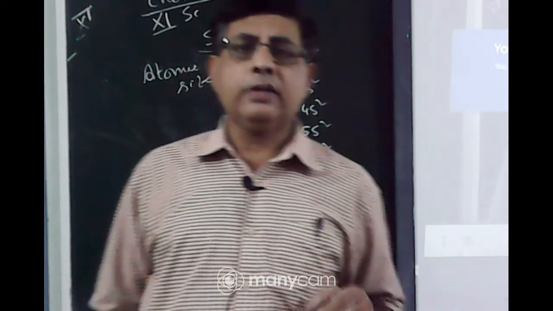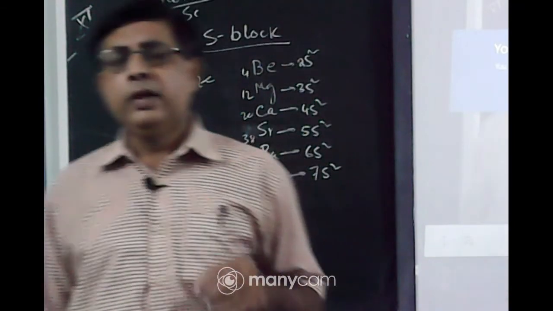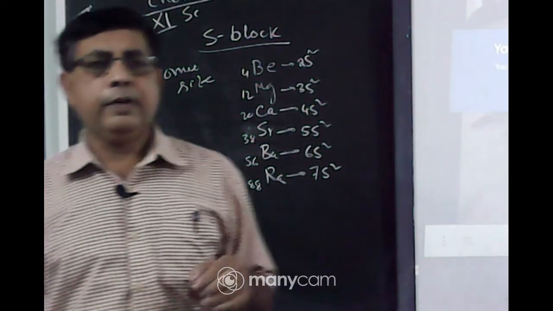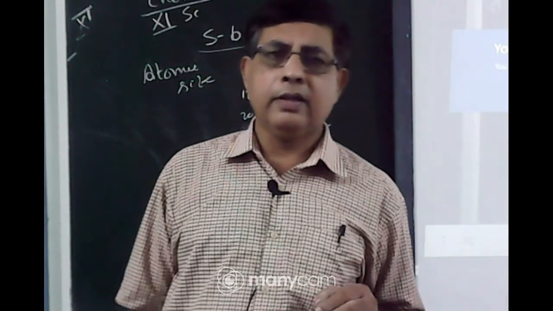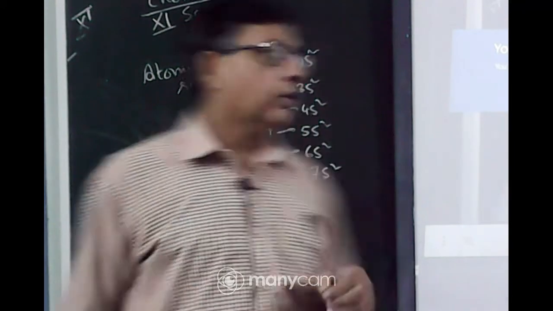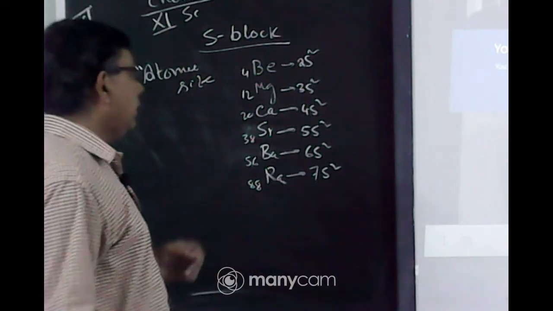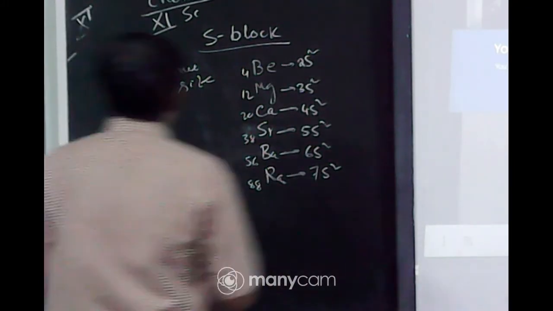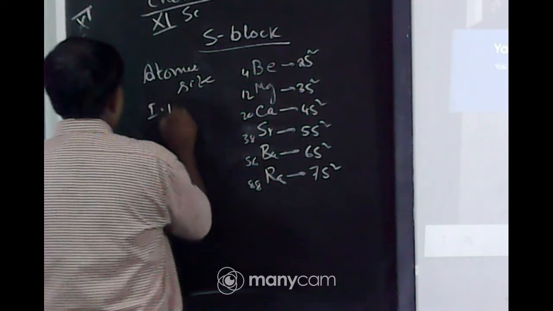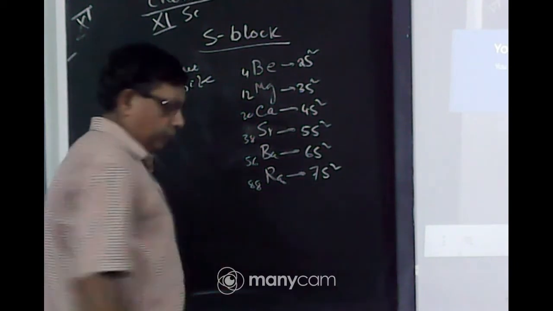This is known as the screening or shielding effect. Due to it, effective nuclear charge will be less, but the number of shells increases, so atomic size increases down the group.